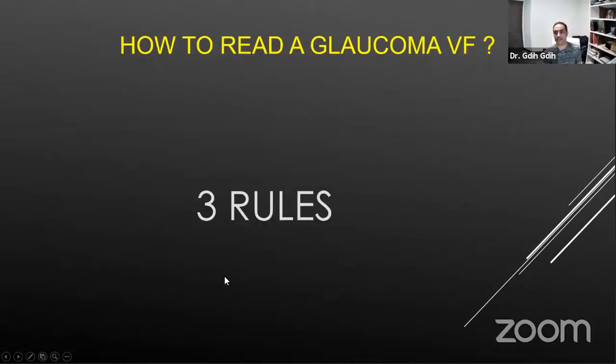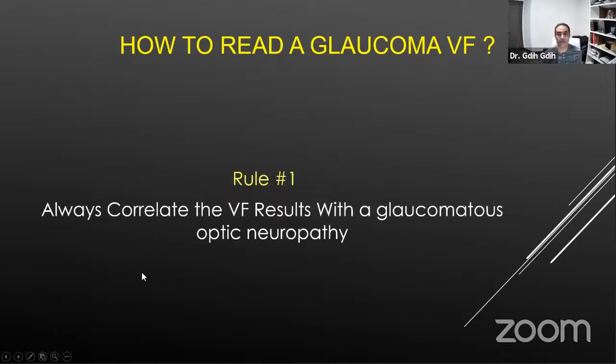Okay, how to read a glaucomatous visual field. We have 3 rules to apply before we go ahead and read a visual field. Rule number 1, always correlate the visual field with a glaucomatous optic neuropathy.